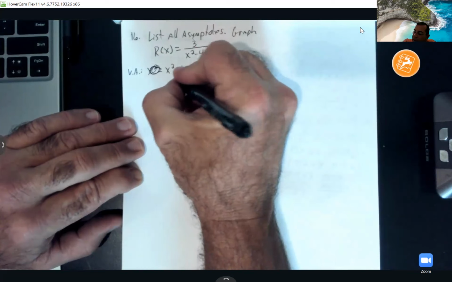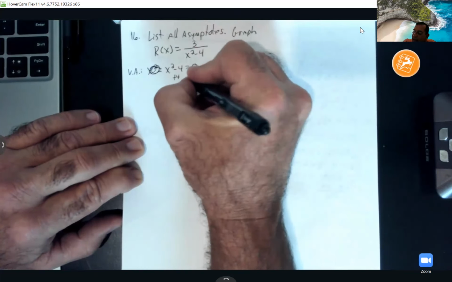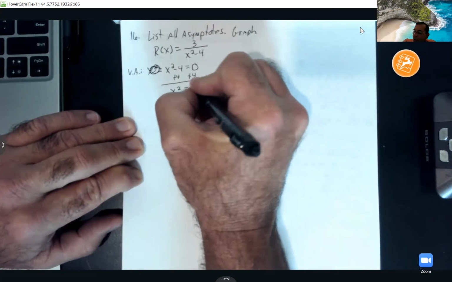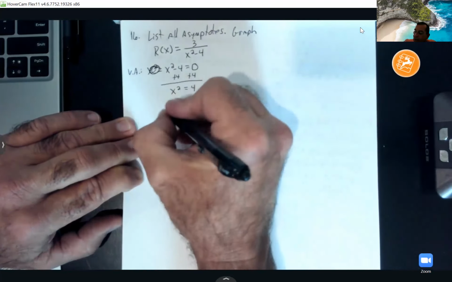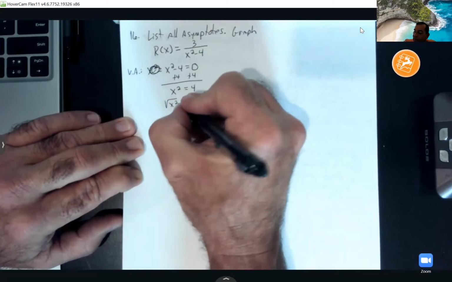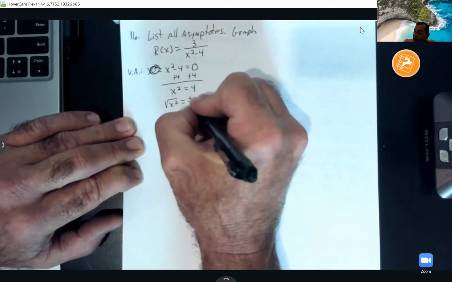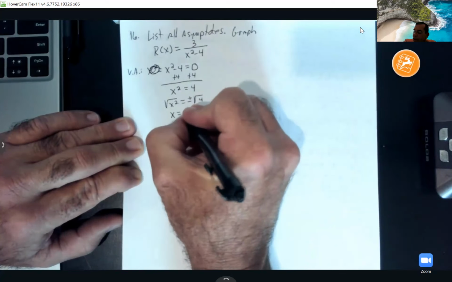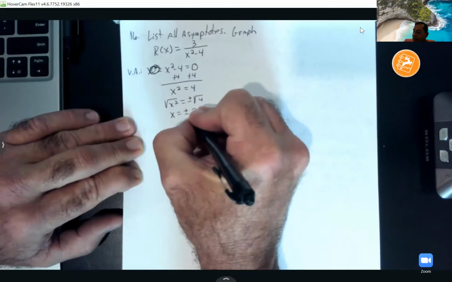So y'all, I'm just going to solve this by adding 4 to both sides. So I get x squared equals 4. And then I'm going to do my square root. That'll be a plus or minus square root of 4. So x equals plus or minus 2.